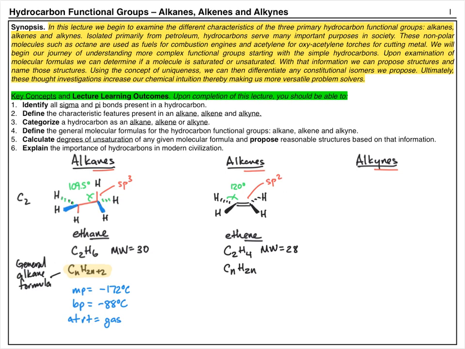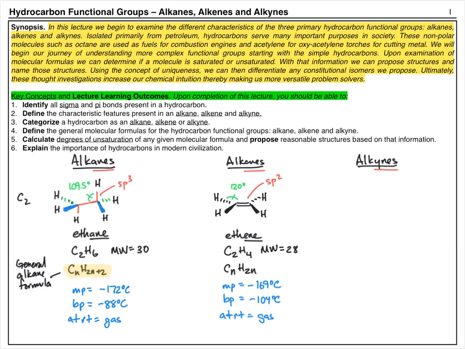So some physical properties. The melting point is negative 169 degrees. The boiling point is negative 104. So at room temp, this is also a gas.